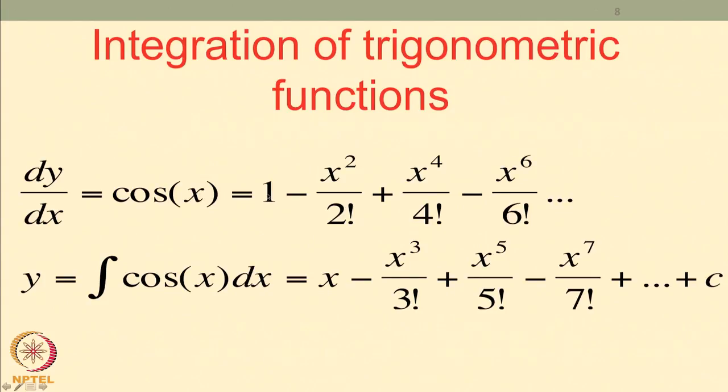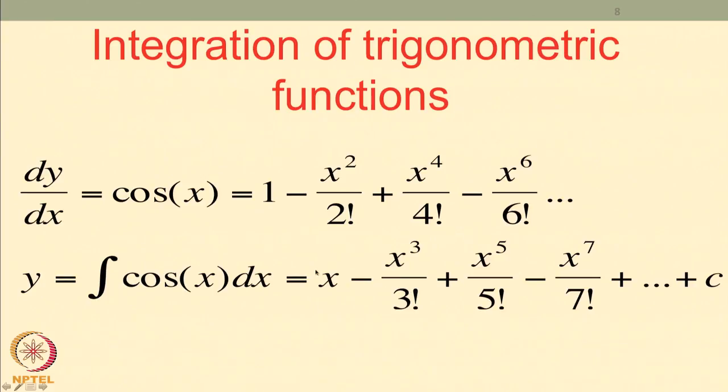So if I just take 1, the integral of 1 is x, the integral of minus x square by 2 is minus x cube by 3 factorial, plus x power 4 by 4 factorial will become x power 5 by 5 factorial, minus x power 6 by 6 factorial will become x power 7 by 7 factorial.